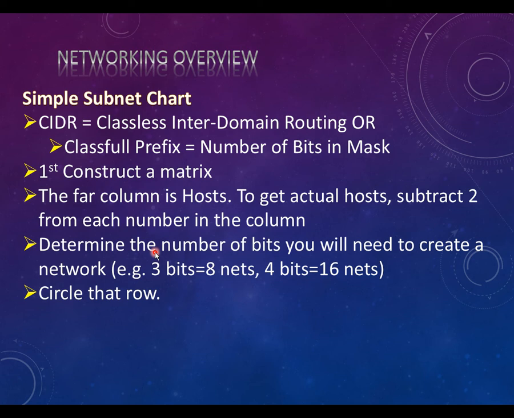We'll see that in just a moment. What we're going to do, networks that we need, we circle the row. I know a lot of this does not make sense at this point, but we will show you how it's going to make sense starting with the next slide. So let's have a look at that.